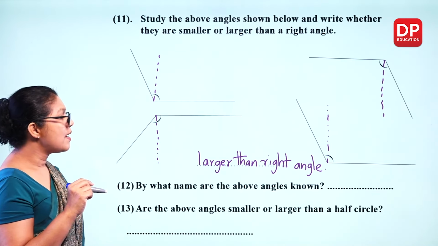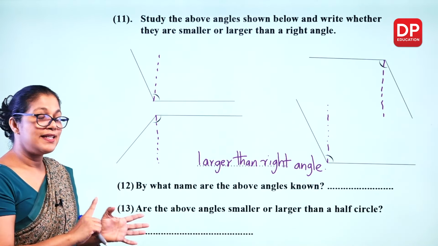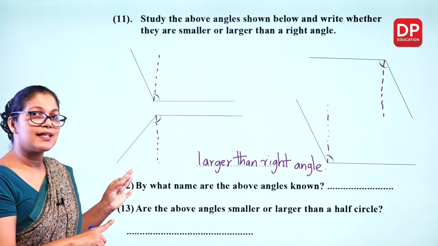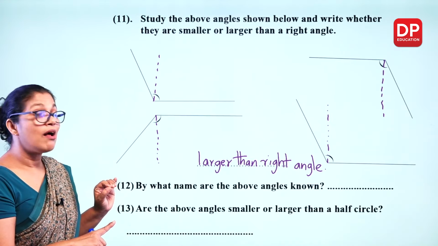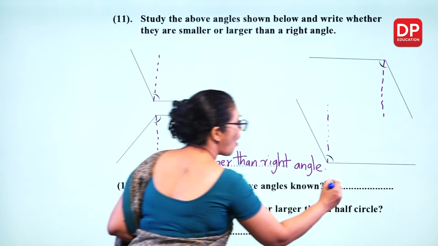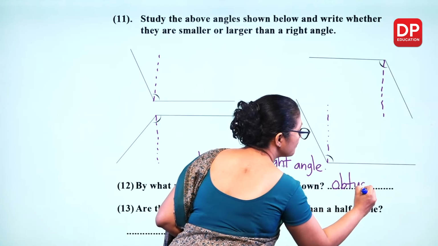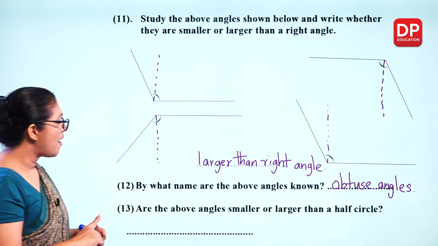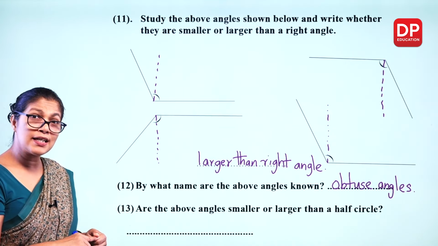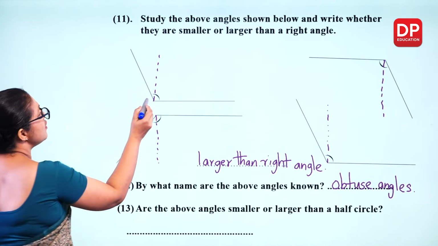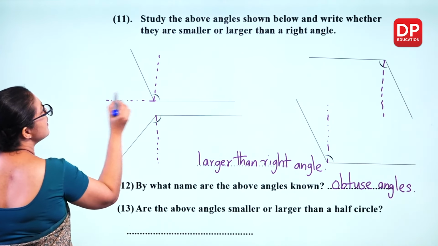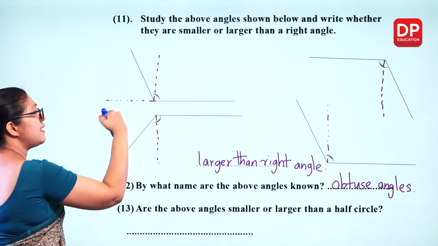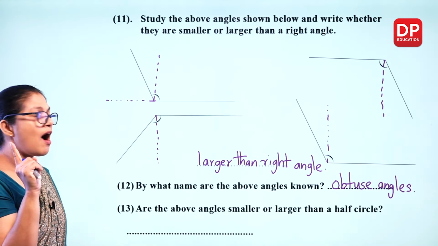By what name are the above angles known? We discussed right angles and acute angles. Now, an angle bigger than a right angle we call an obtuse angle. Obtuse. Are the above angles smaller or larger than a half circle? Now see, when you draw this line, this is the half circle. So this is more than a right angle and we can see it is less than half of a circle.